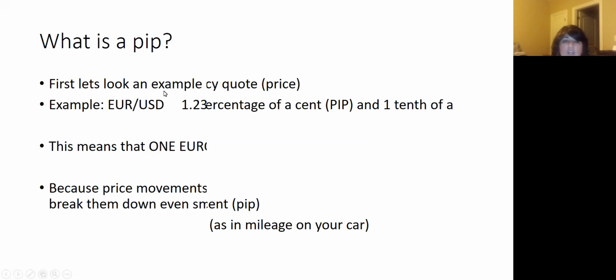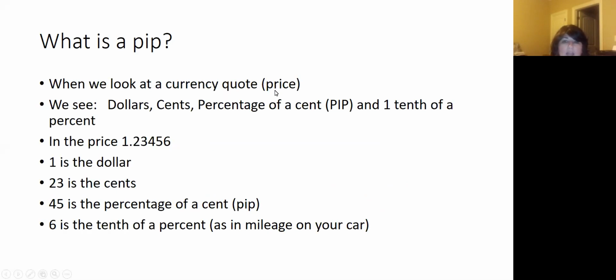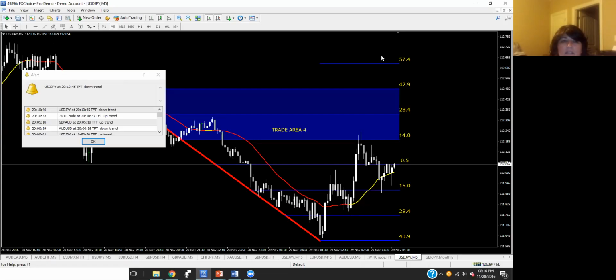So when we look at a currency quote, which is the price, let me just show you what the price looks like. Let me see if I can do that right here. I hope I'm not losing anyone, okay? All right, so let me show you.